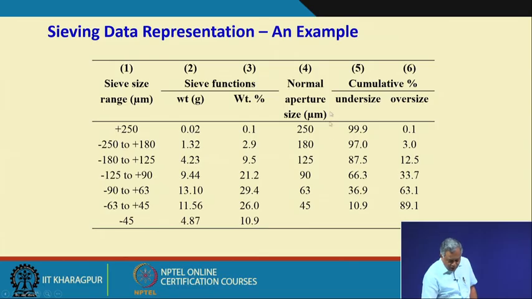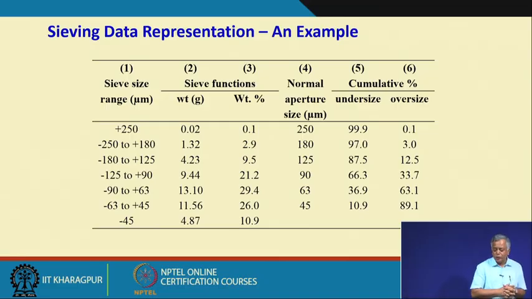If I have another column, this is basically the weight percent retained that we should write here, and then another column, the weight percent passing. So here in this case it will be 99.9% and in this case it will be 97.1%, like that we should have written.